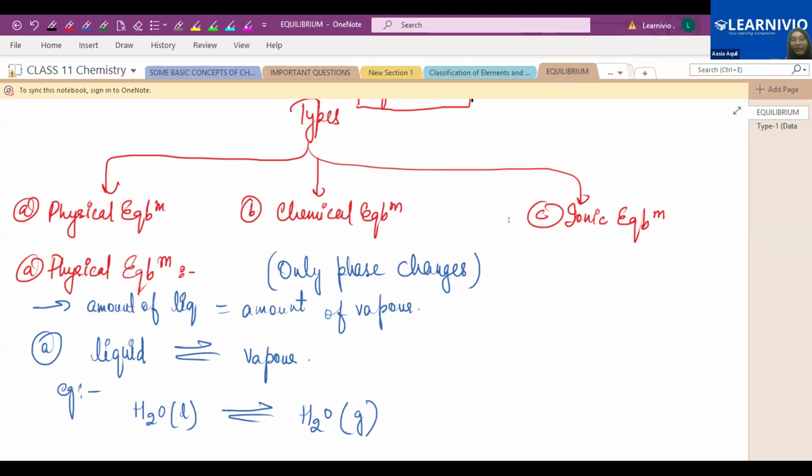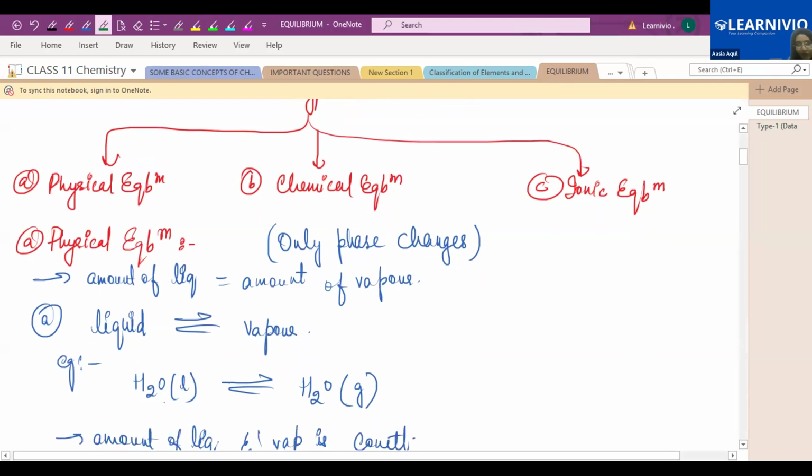For example, again, let's consider water. It is in liquid form, and it is getting converted into a gas. Again, you can see this is a forward reaction, and this is the backward reaction. If I say this reaction is in equilibrium, it means that the rate of forward reaction equals the rate of backward reaction, right?